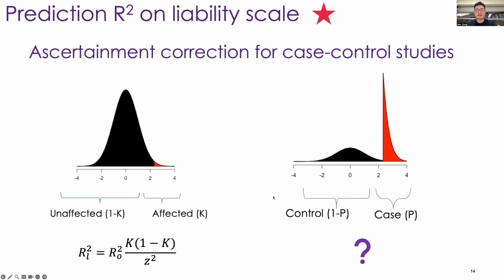In case control studies, samples are often ascertained, meaning that the sample prevalence is different from the population prevalence. In this case, the ascertainment needs to be corrected when we are mapping to the liability scale. The reason we do that is that once you do the ascertainment correction and map to the liability scale, the variance explained by the predictor will be comparable to the heritability estimate from the family data.